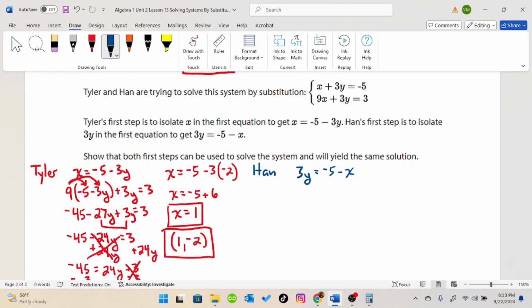Because there is a 3y in the bottom equation, we can substitute this in for 3y. That gives us 9x plus negative 5 minus x equals 3.